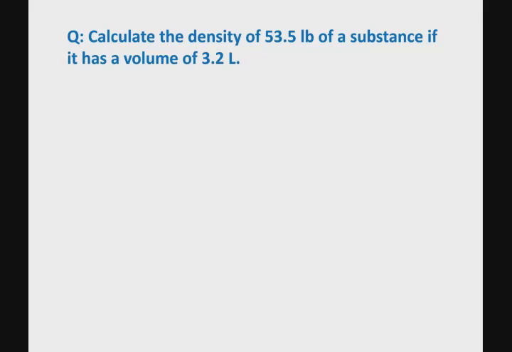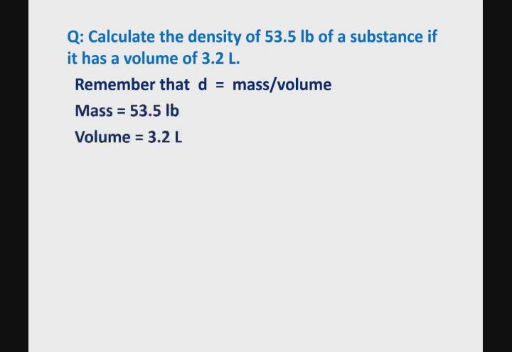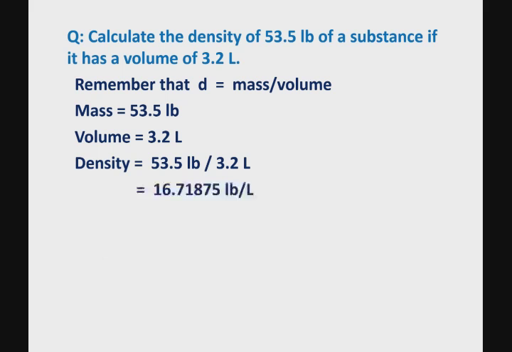So here is an example for calculation of density given the mass of a substance being 53.5 pounds and volume of the substance being 3.2 liters. Now once again, if you remember, density is equal to mass divided by volume. In this case, mass and volume are given, and if we divide 53.5 pounds by 3.2 liters, we get density of this substance in units of pounds per liter.